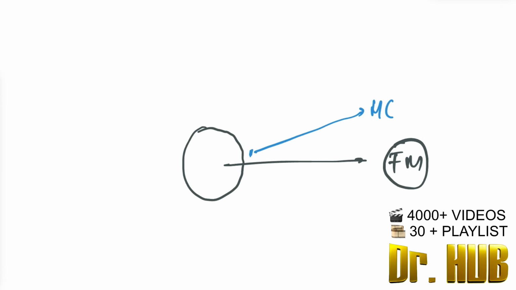Just above this, slightly bigger than the hypoglossal canal, is the jugular foramen.